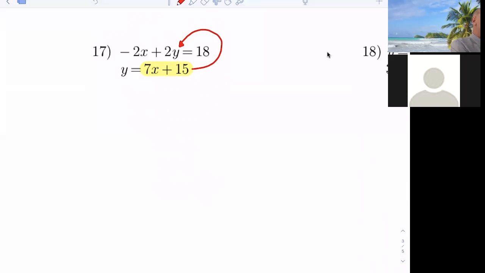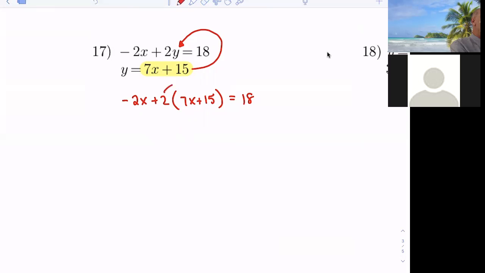So now, negative 2x plus 2 times the quantity 7x plus 15 equals 18. Everybody good with that? Now I'm distributing.